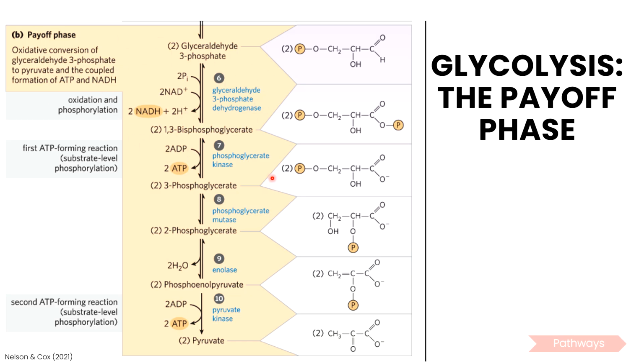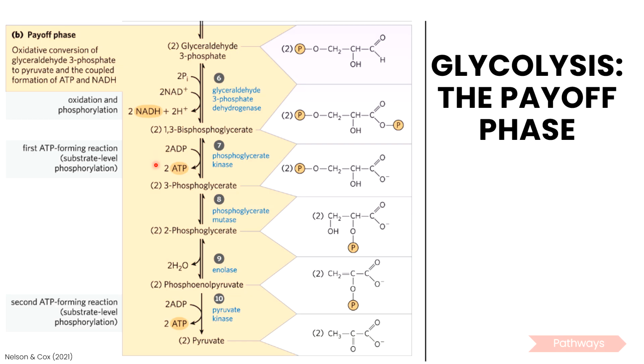So here in step 7 is where we're going to start to answer our own question from the previous slide. At step 7, phosphoglycerate kinase transfers a phosphate group directly from 1,3-bisphosphoglycerate to ADP, producing our ATP. This is called substrate level phosphorylation because ATP is being generated through a direct transfer of a phosphate group from a metabolic intermediate to ADP.